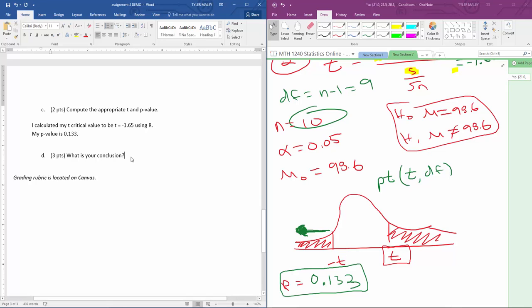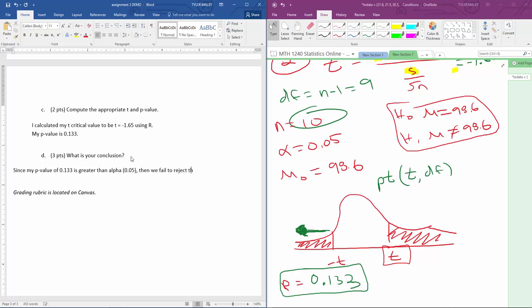Now we need to state a conclusion. So we can say, since my p-value of 0.133 is greater than alpha 0.05, then we fail to reject the null hypothesis.